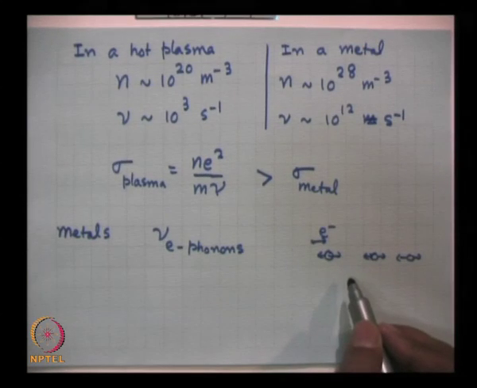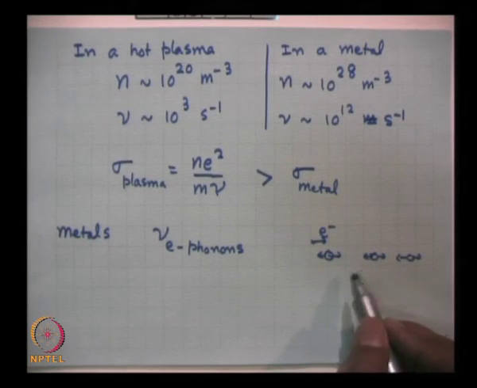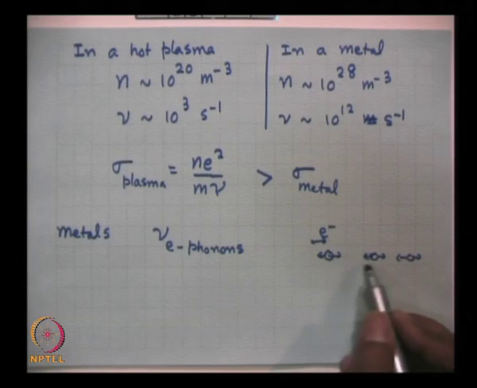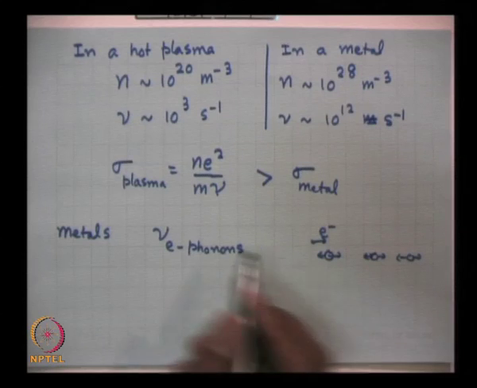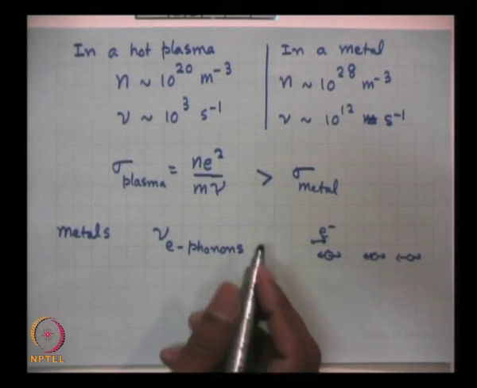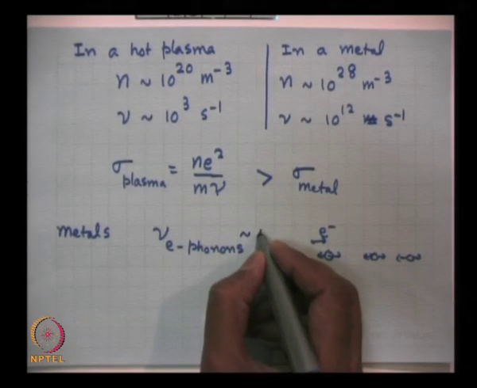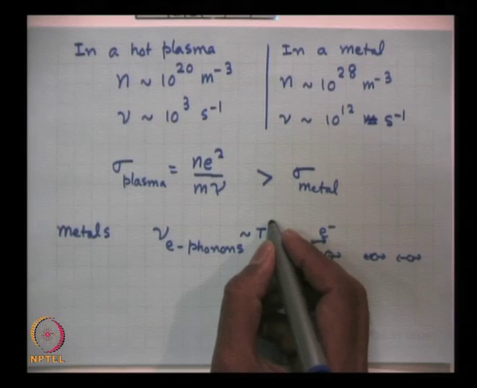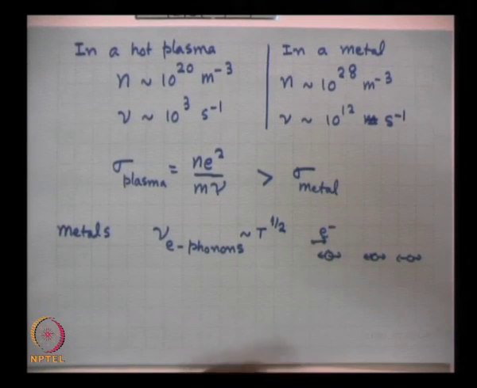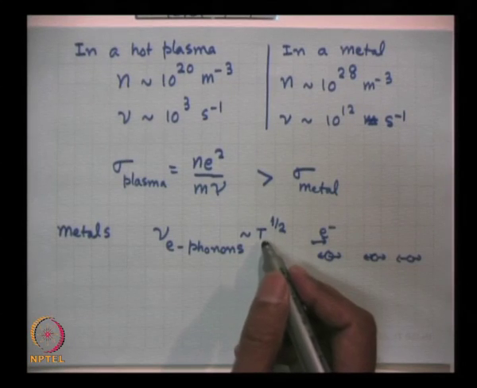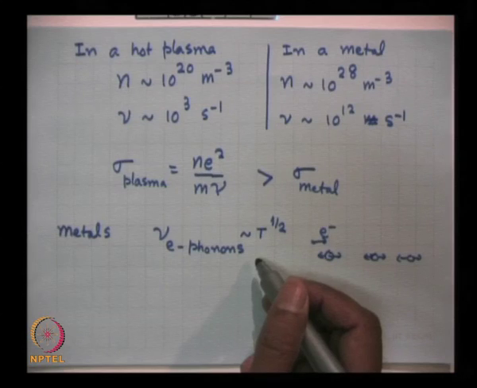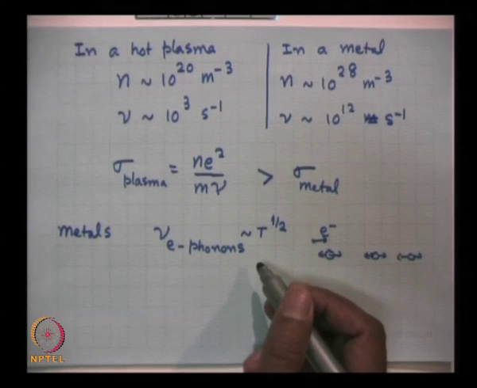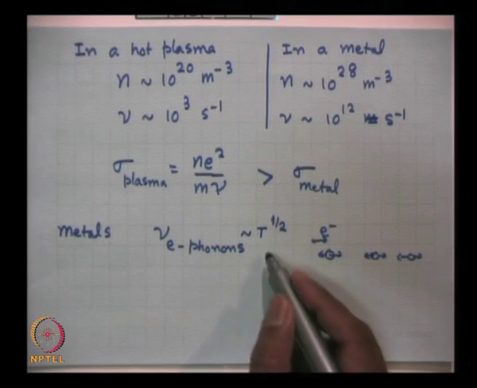At low temperature, most vibrations are in the acoustical mode, and when the electron moves in the vicinity, it suffers a collision, and this collision frequency increases with temperature as temperature to the power half. So, when the temperature rises, what happens? When you pass a current through a conductor, the conductor gets heated, and temperature rises.